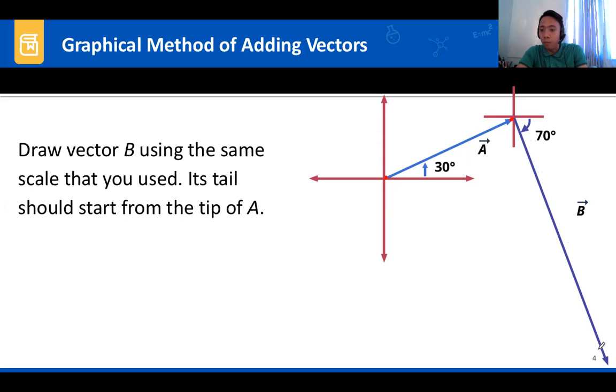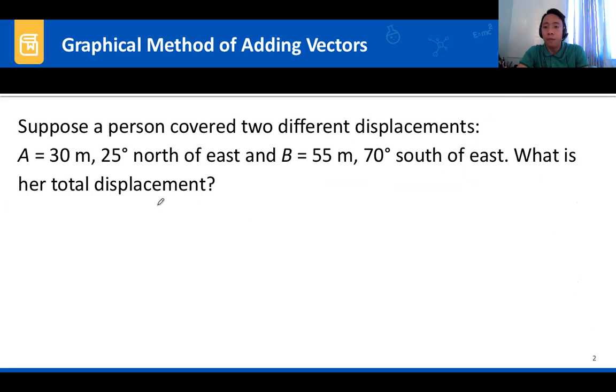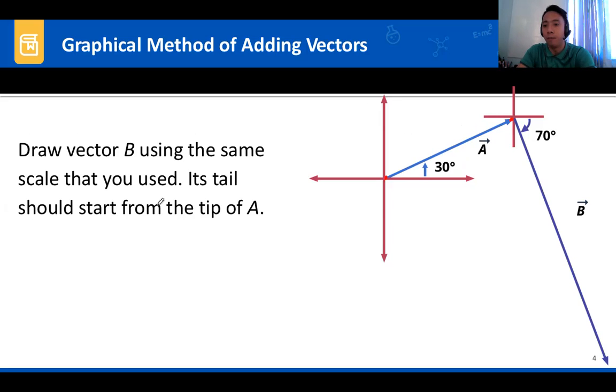So our B is, I forgot it, 55 meters, 70 degrees south of east. Remember that one? 55 meters, 70 degrees south of east.